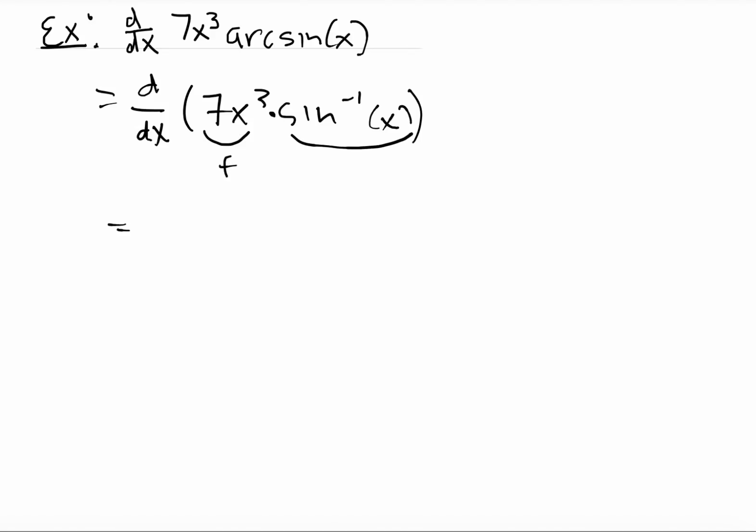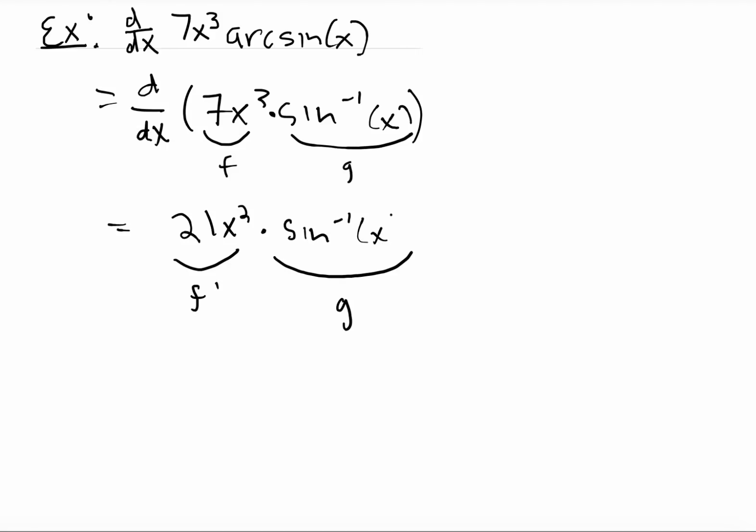If I view this as f and g, what I'm really going to want is f prime, which is 21x squared, times g, which is just copying this thing over. And I want to add this to f, which is 7x cubed, times g prime.